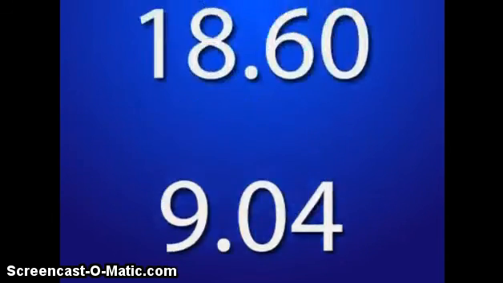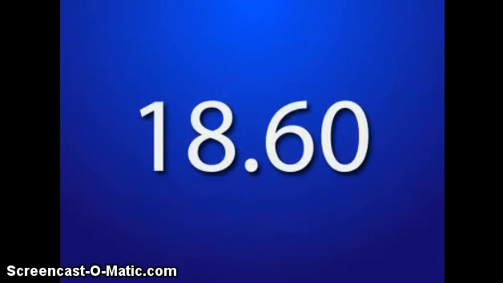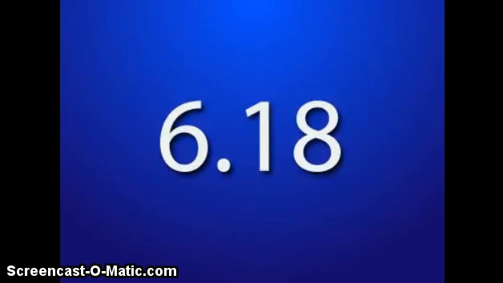This is 9 and 4 hundredths. What's this? Yes, 18 and 60 hundredths. What's this? Yes, 6 and 18 hundredths. And what is this? Yes, 2 and no hundredths.